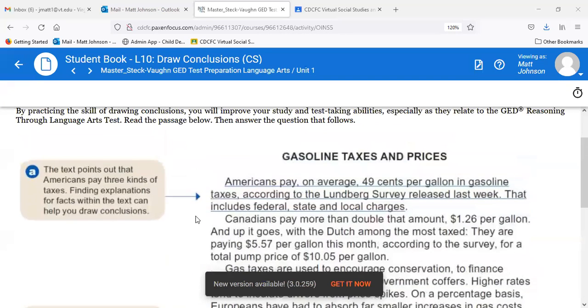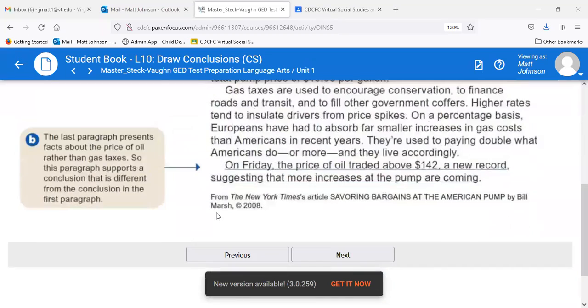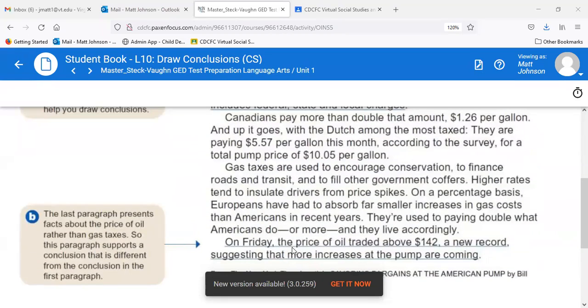So up here, we're talking about taxes. So, Americans pay this much in taxes on gas, right? But we're also seeing the price of oil traded above $142, which is a new record. And that's suggesting that more increases at the pump are coming. So it's twofold, right?